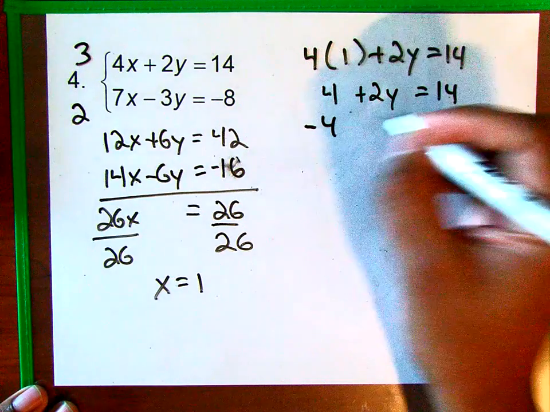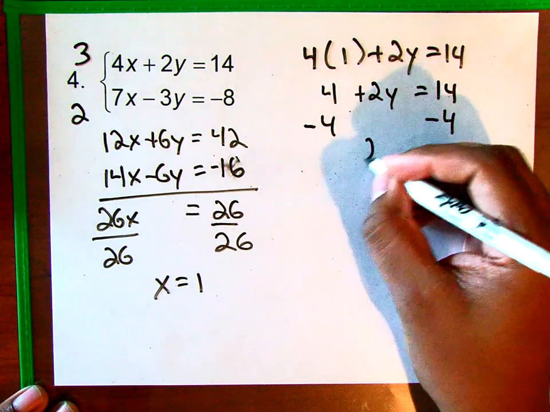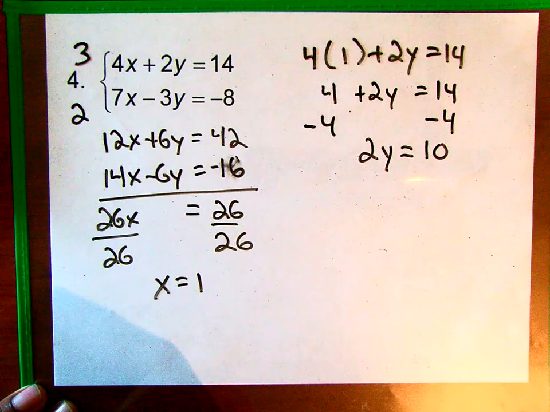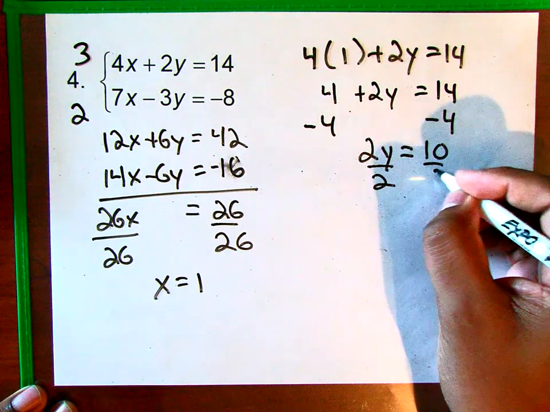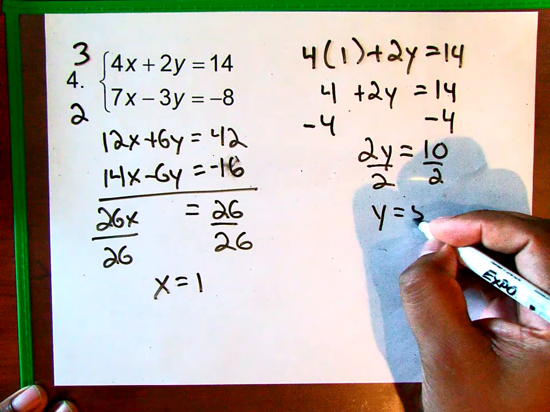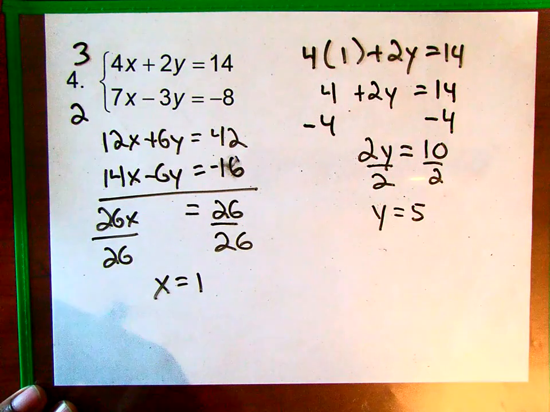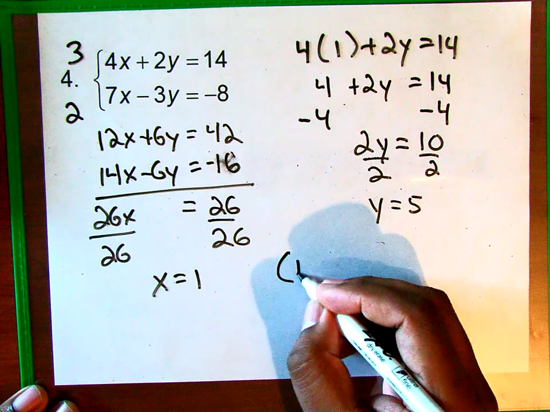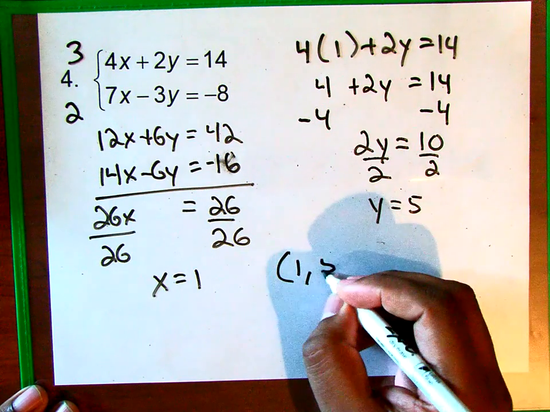Now subtract the 4 on both sides. Get 2y is equal to 10. Divide by 2, and y is equal to 5. So now we got our solution here. X is 1 and y is 5.